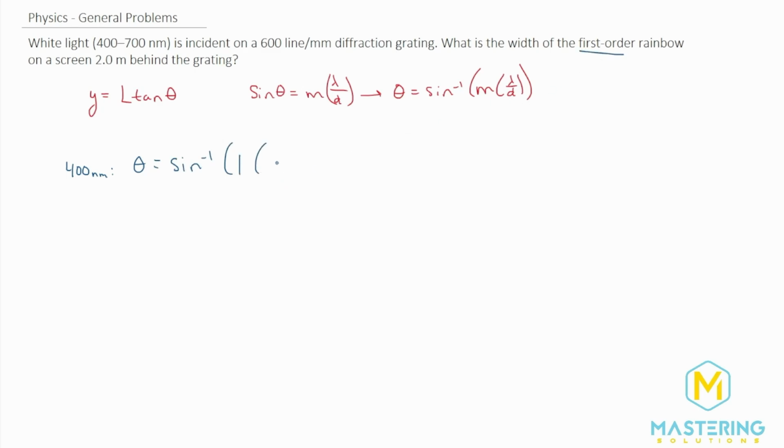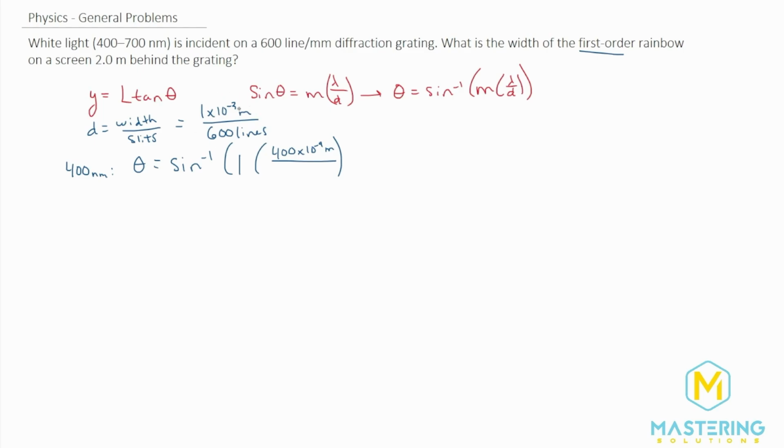So 1 times lambda, we said, is 400 times 10 to the negative 9 meters. Now, what is d? The d is always equal to the width over the slits or the lines. And here we have 1 millimeter, so 1 times 10 to the negative 3 meters over 600 lines or slits.